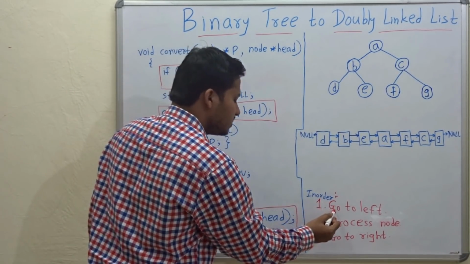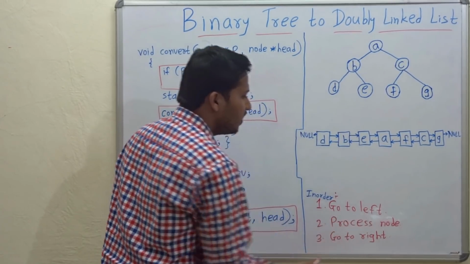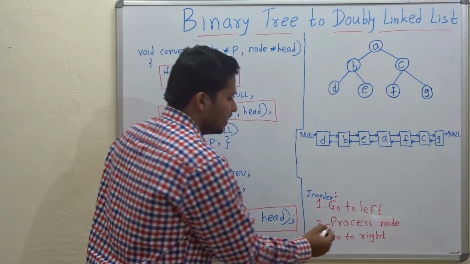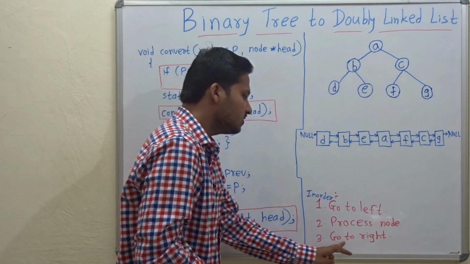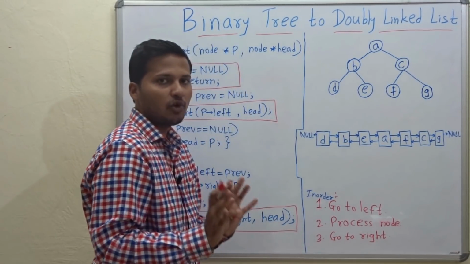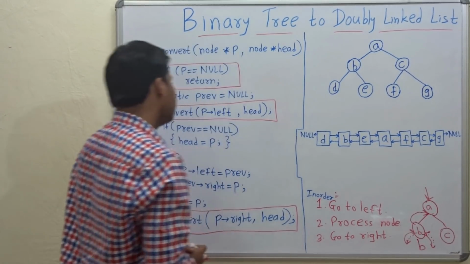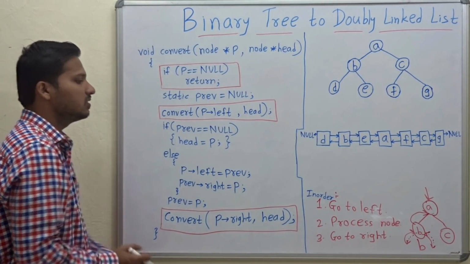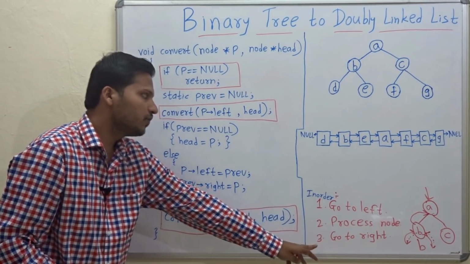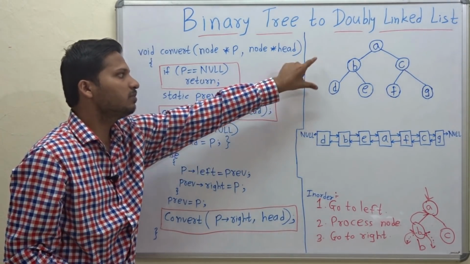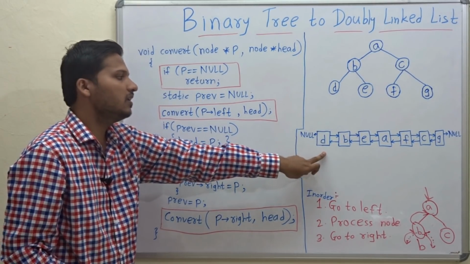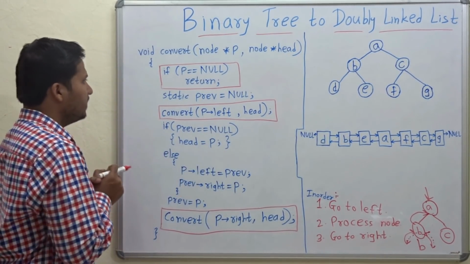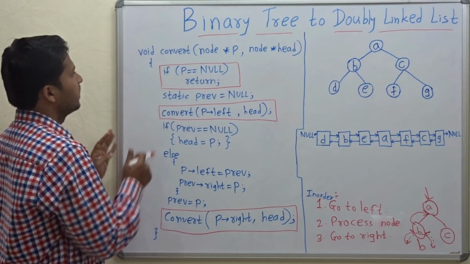The first step is to go to the left of a node, then process the node, and the third is to go to the right of a node. Let's see in the code how these 3 steps are useful in converting this binary tree to an in-order based doubly linked list.